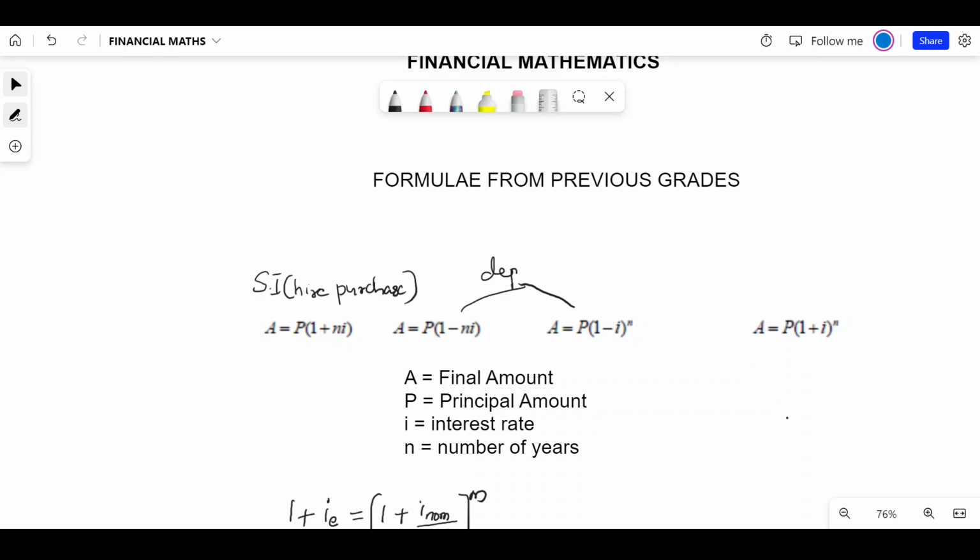When the question talks about depreciation, then you use these two formulae. Depreciation means the value is depreciated after some time. So that is why these two formulae have a negative here. This one is used when the question says straight line method.